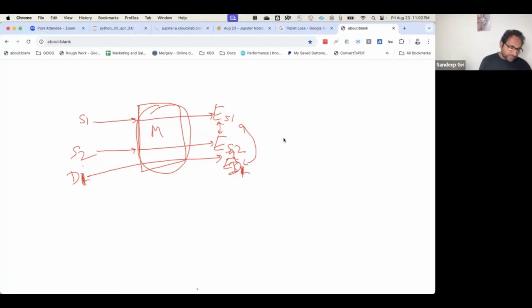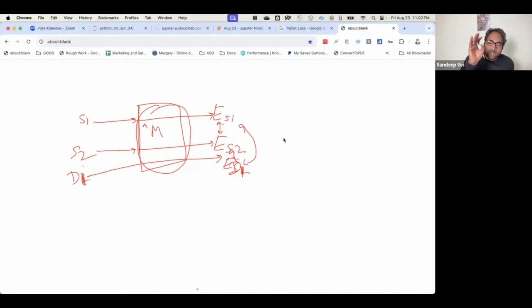So you tweak the knob slightly, pass all the inputs, S1 first, then S2, then D1. Basically you execute the model three times.